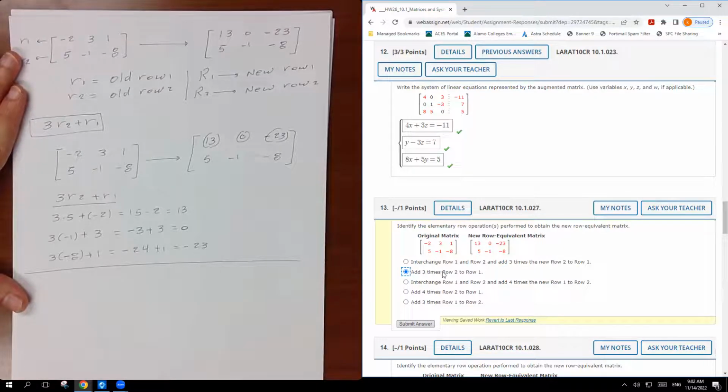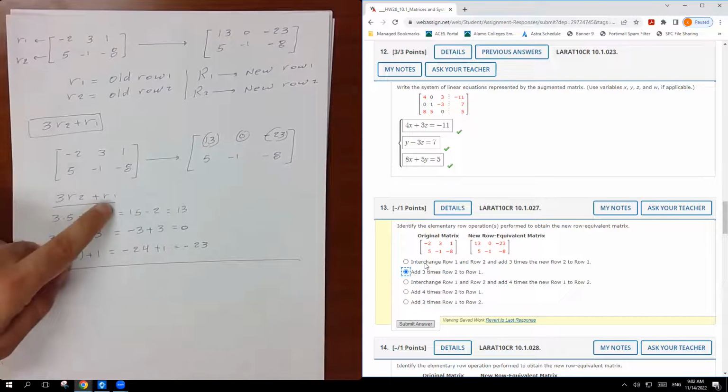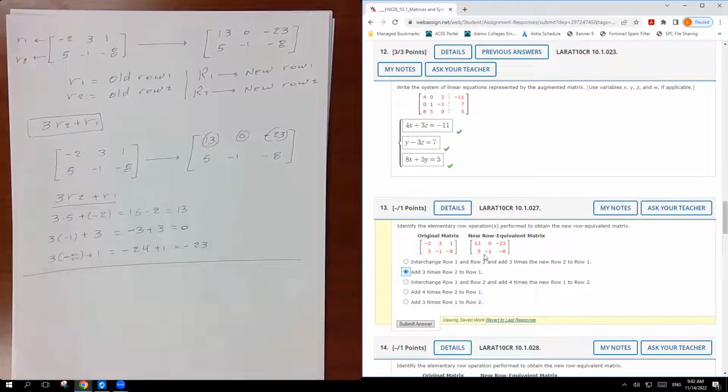So only the second option is going to be the right one, because if you multiply 3 times the second row and add it to the first row, you're going to get this new matrix. That's why this matrix is equivalent to this matrix by doing the second choice, multiplying 3 times row 2 and adding it to row 1.